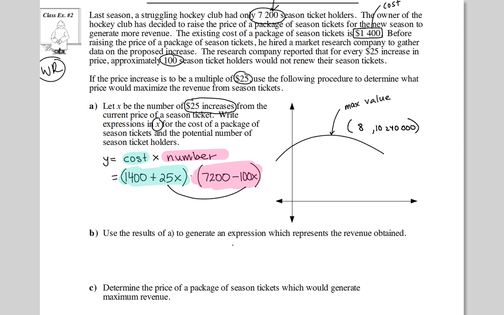All right. So if they reduce the price 8 times, how much are they going to reduce the price by? 25 times 8 is 200. So it's going to cost 1,200 now. And they're going to generate 10 million bucks in revenue. Well, do you own a hockey team?